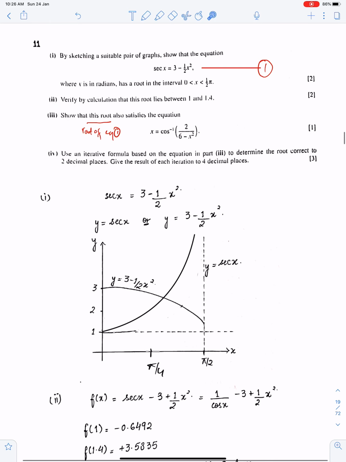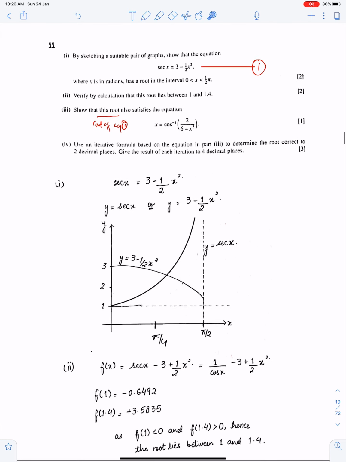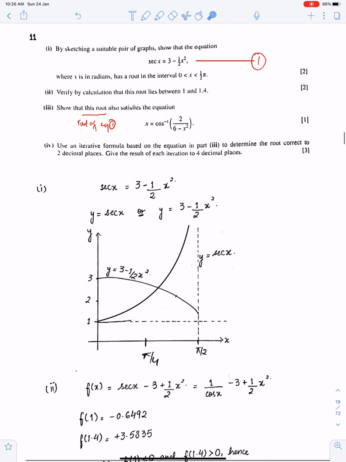Question number 11. This is an important question because it includes 4 steps. By sketching a suitable pair of graphs, show that this equation has one root in this interval. You all know how to sketch sec x. This is the graph of sec x and this is the sad face. It should be like this.